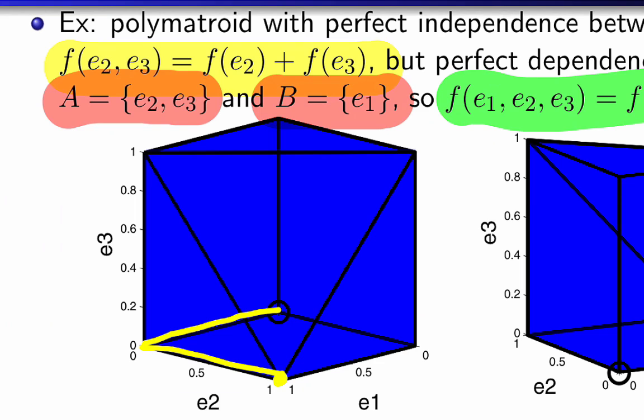There's an extremal point, and that face is defined by x of a is less than or equal to f of a for all a subset, right? But what we're saying is that at this point we can't move up. We're stuck. Once we're at that extreme point, we cannot move in the positive E3 direction.